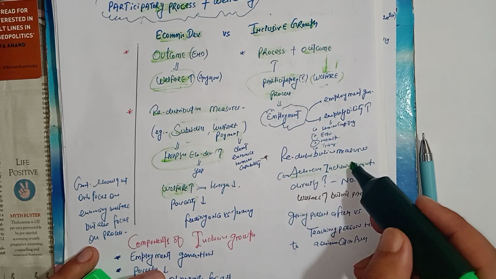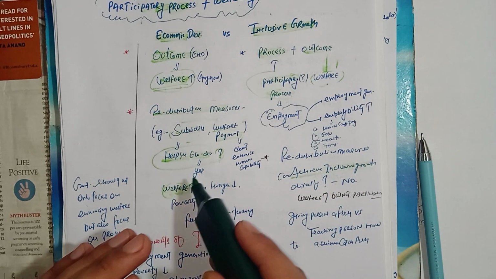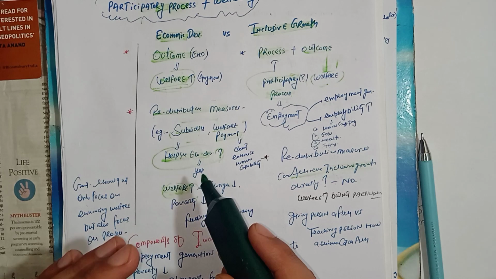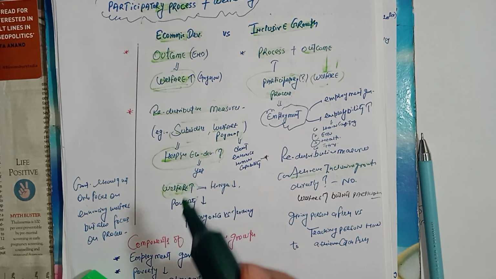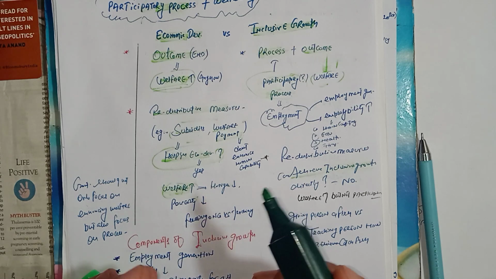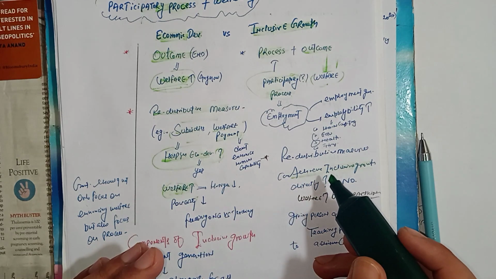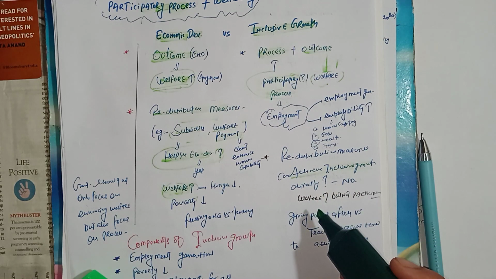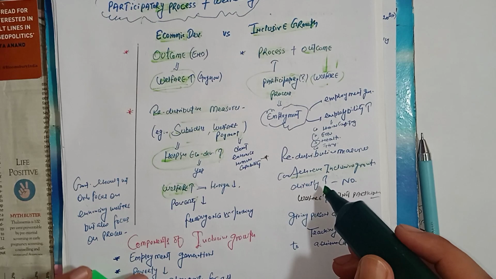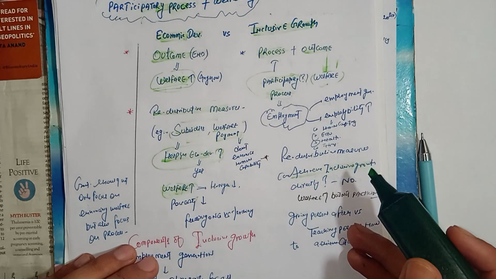Now, inclusive growth means including all the people, but these redistributive services are not generally provided to all people, all sections of the society. So we can't say that these redistributive measures directly ensure inclusive growth in the society, because they are not including all the people.